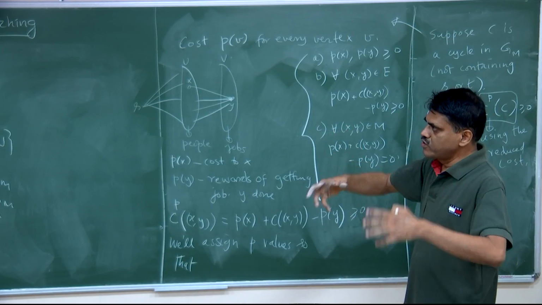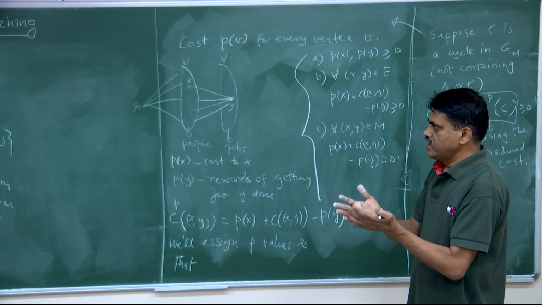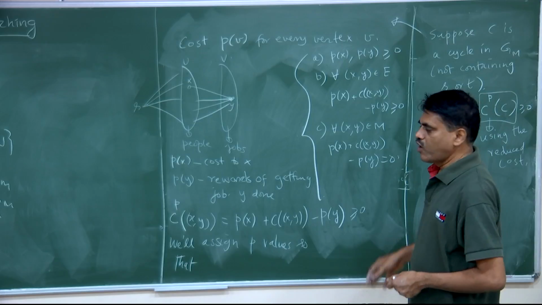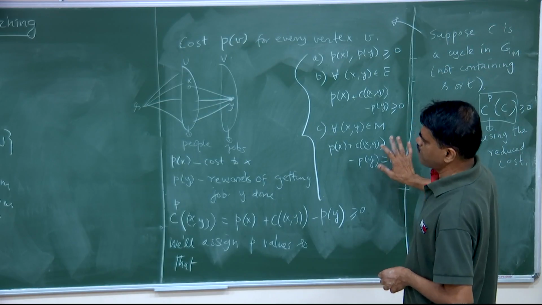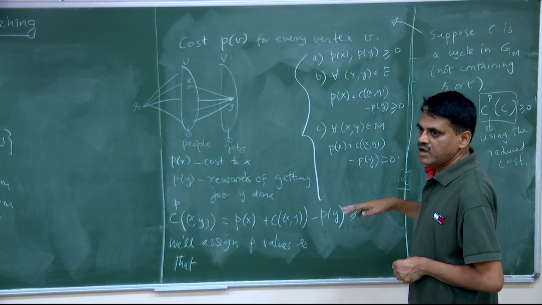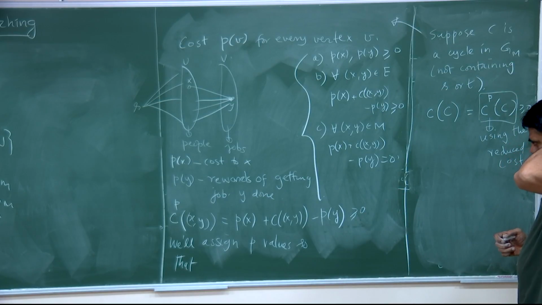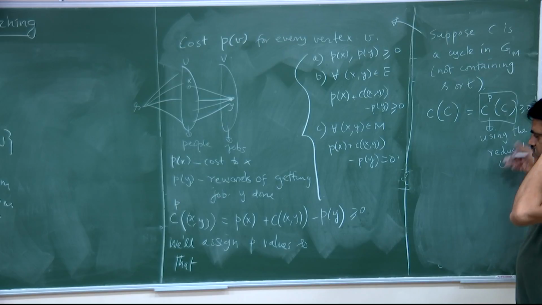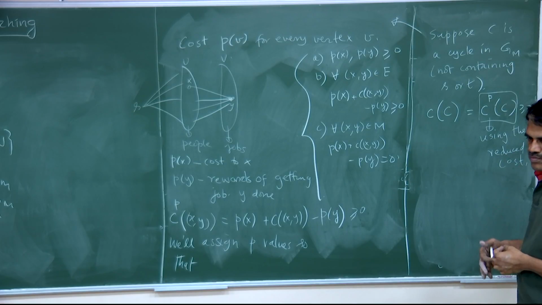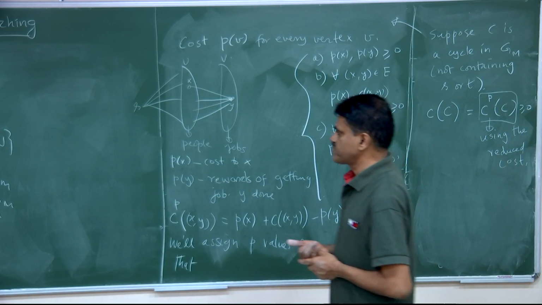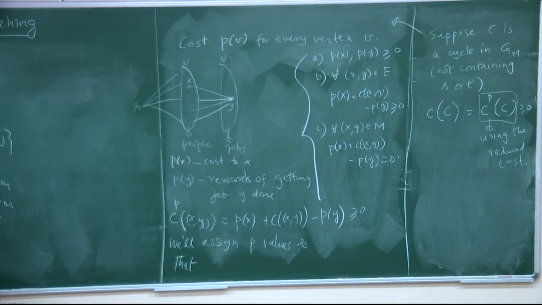In about n loops, I will have a perfect matching, and I always ensure there is no negative weight cycle by this property of P, and because of the lemma we proved, when I reach perfect matching, I have got a min cost perfect matching. I just have to tell you now how do I update P so that those conditions are satisfied. Then that ensures that there is no negative weight cycle.